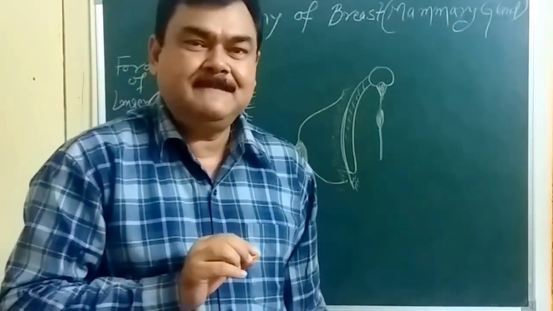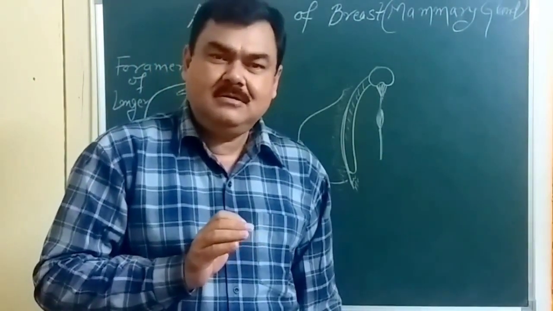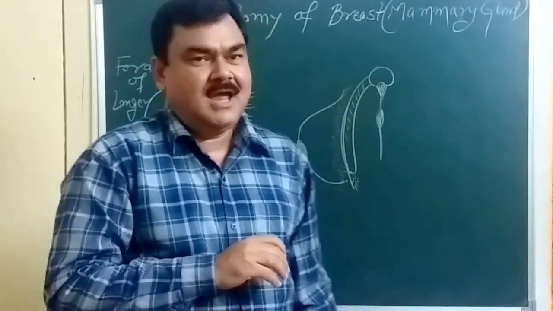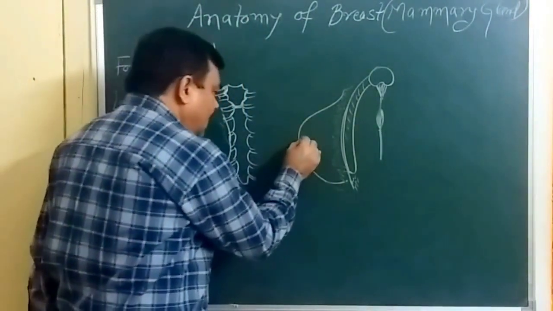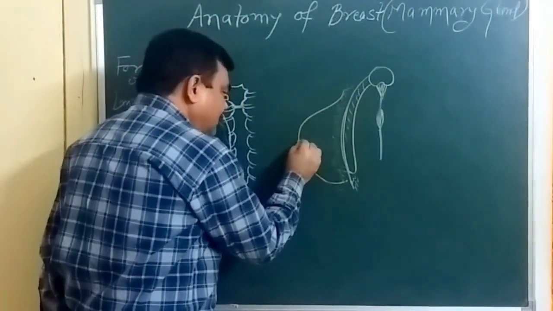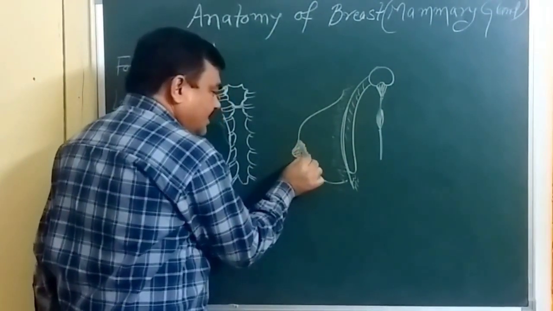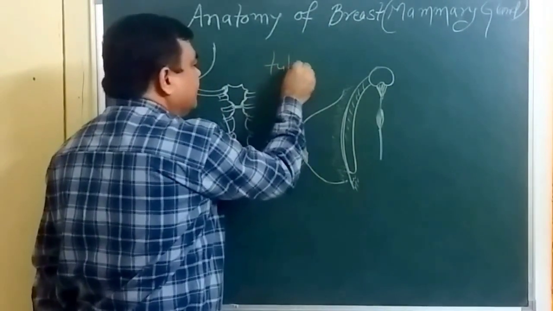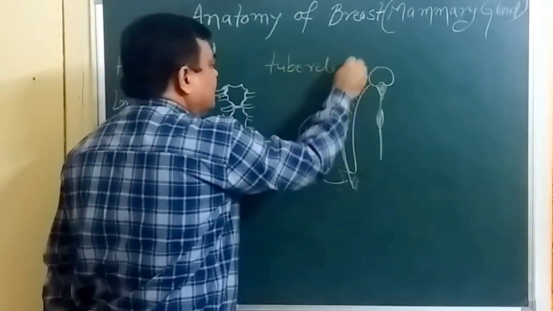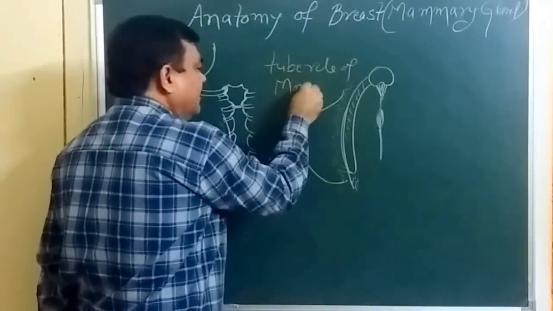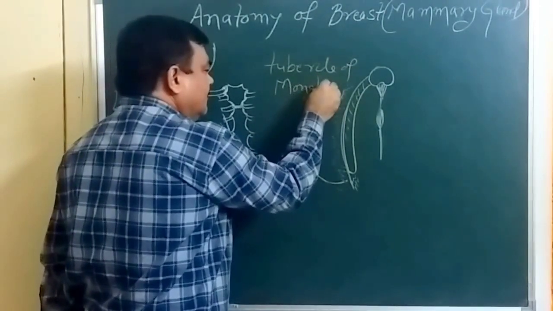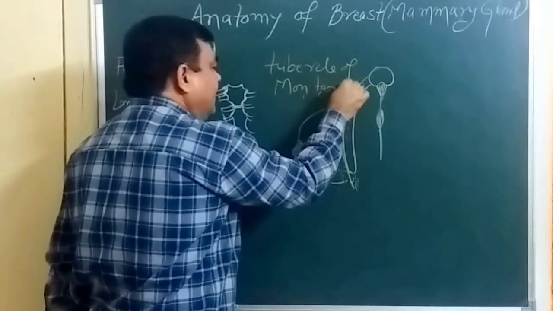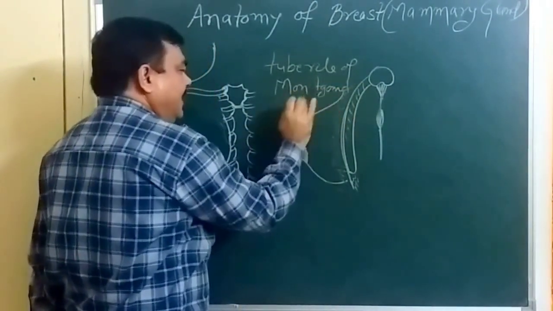These sebaceous glands enlarge during the last phase of pregnancy and lactation, and these enlarged sebaceous glands form the tubercles of Montgomery.